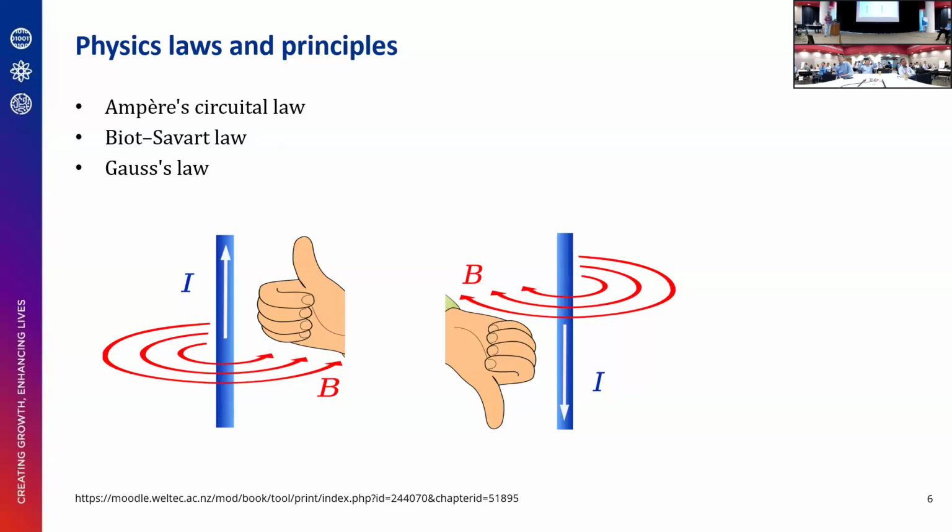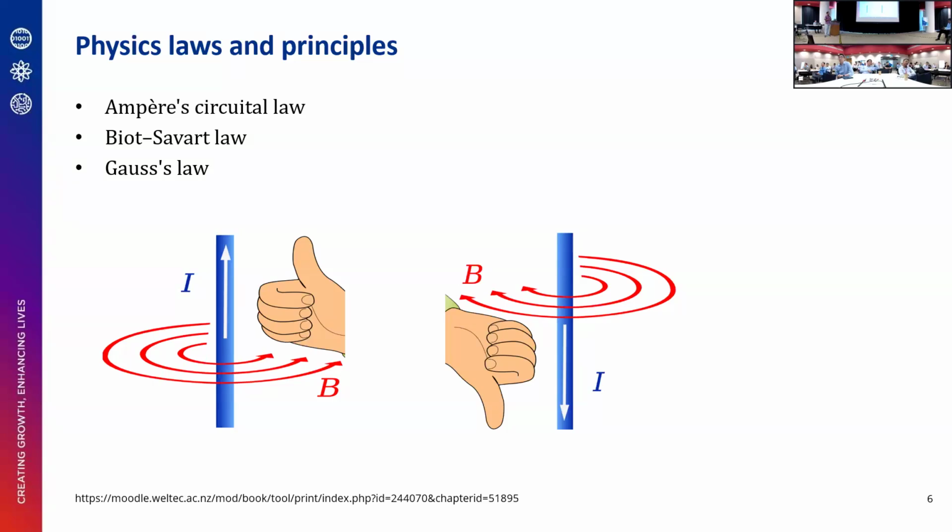Coming to the fundamentals, why this is interesting in terms of physics laws and principles: we can relate magnetic field imaging to basic fundamentals from Ampere's law, Biot-Savart law, and Gauss's law. The imaging aspect uses the right-hand thumb rule.